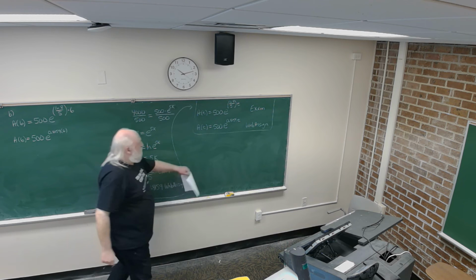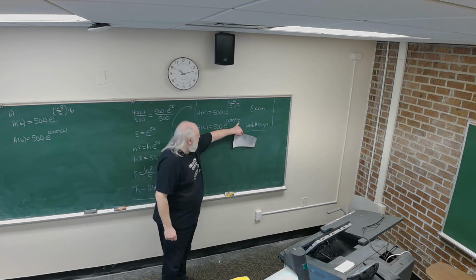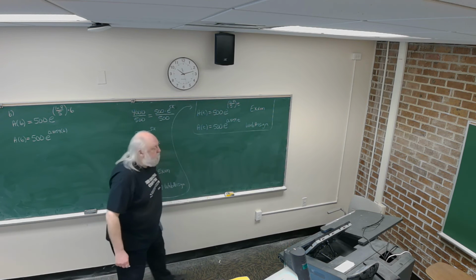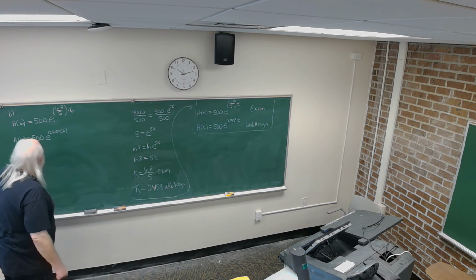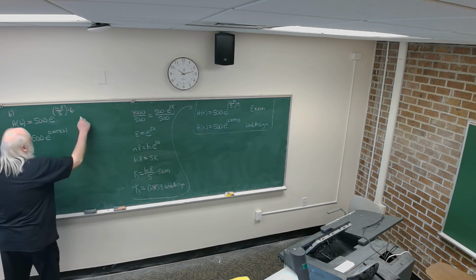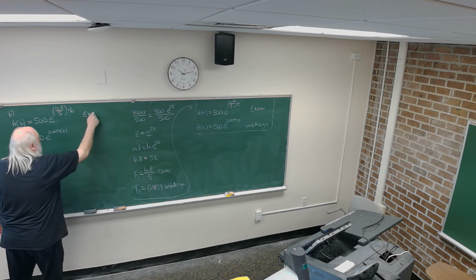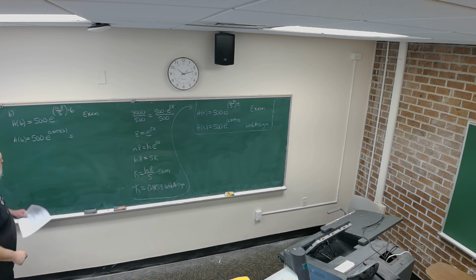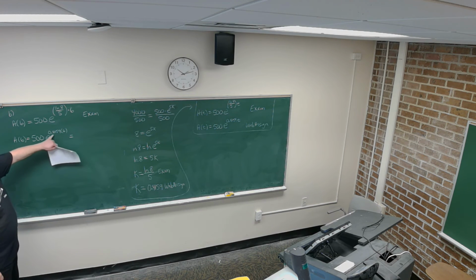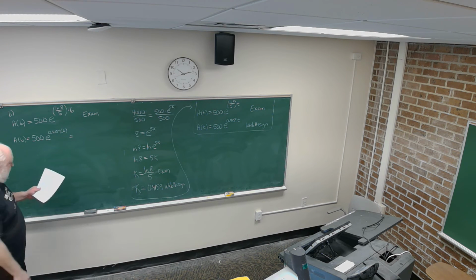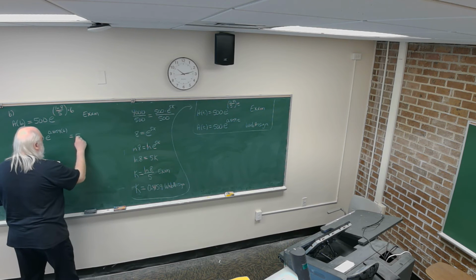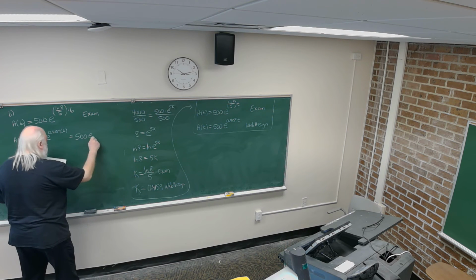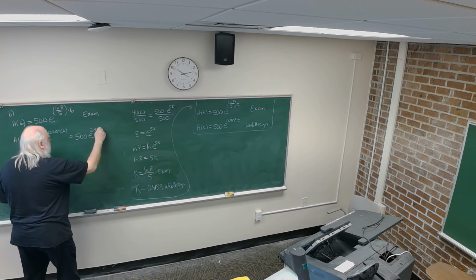So we put 6 in for T here for WebAssign and 6 in for T up here for the exam. Okay. And 0.4159 times 6 in the exponent I got is equal to 2.4954.